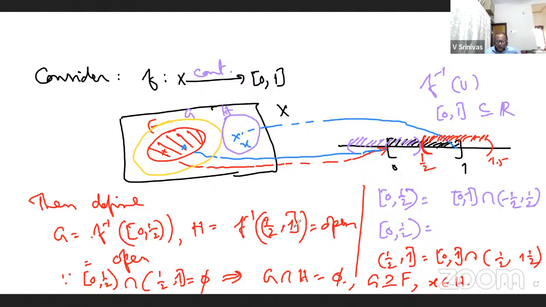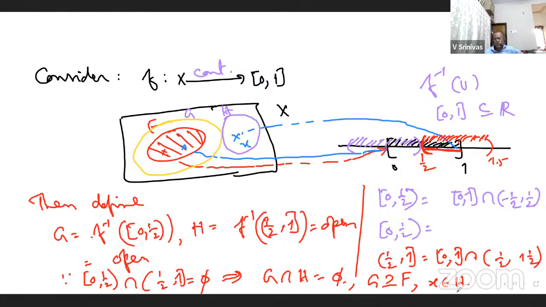Okay, your 1 belongs to this. Therefore, X belongs to the inverse image of this. So X is mapped to 1. When you go for the inverse image of this, your X belongs to that because f of X is 1. F of X belongs to this one. Therefore, X belongs to F inverse of this.